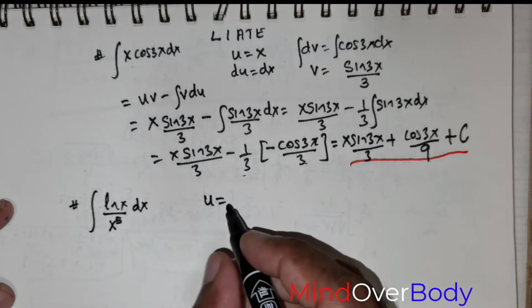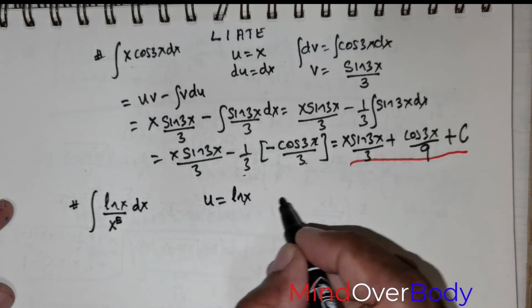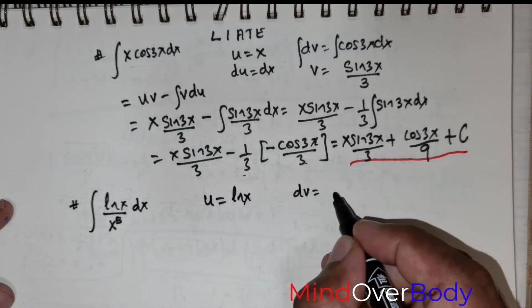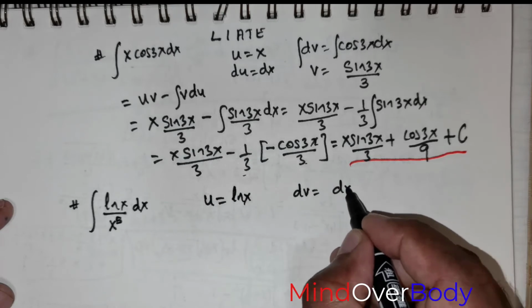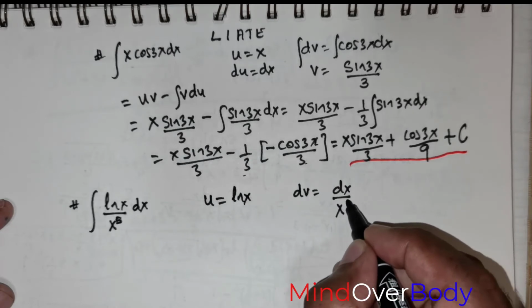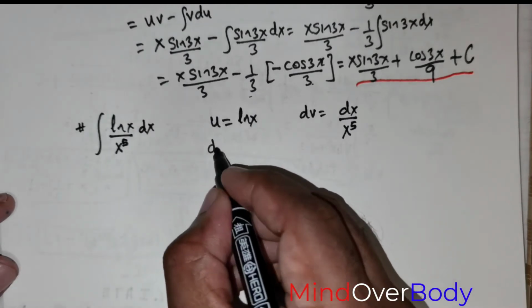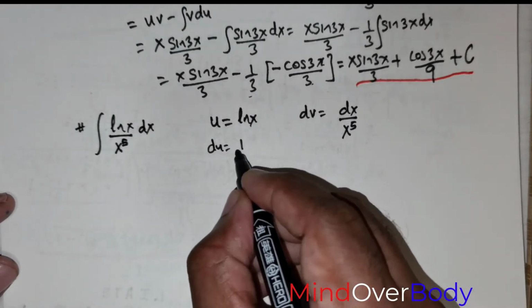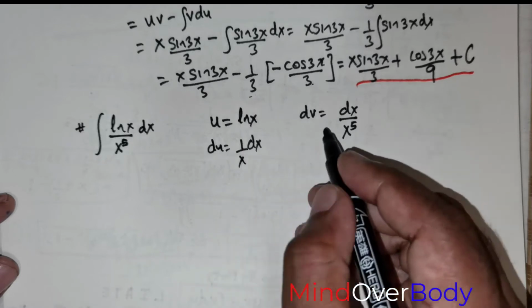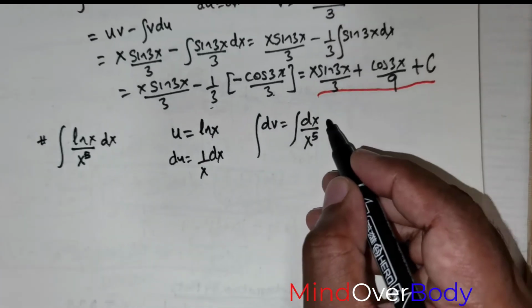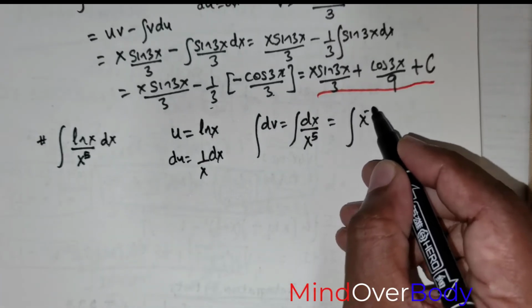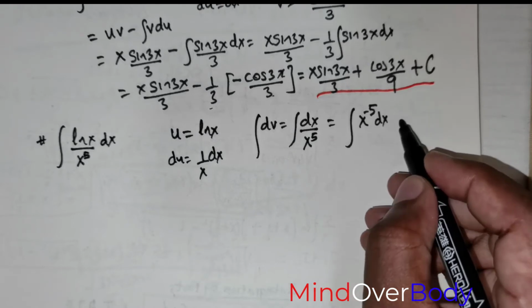From LIATE I get u to be ln x and dv is dx over x raised to the power of 5. Differentiating this would give me du is equal to 1 over x times dx. Integrating dv, I'm going to rewrite this as the integral of x raised to the power of negative 5 times dx.